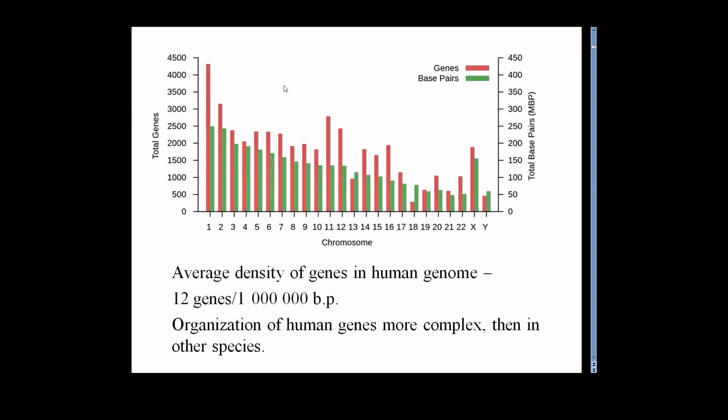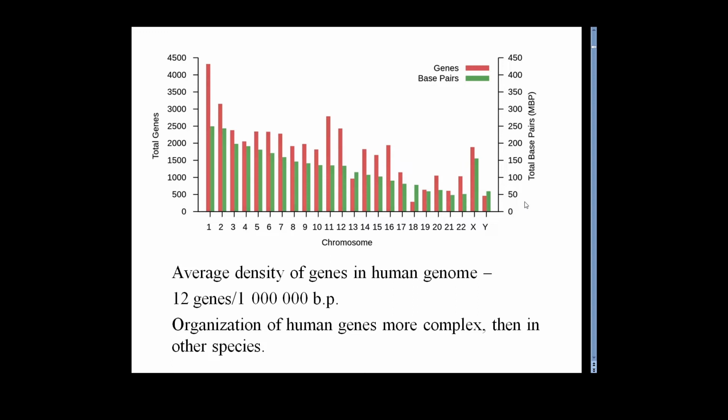And you can see the number of genes in different chromosomes, really 22 pairs of autosomes and 2 sex chromosomes. Now you can see the number of genes and the length of chromosomes.